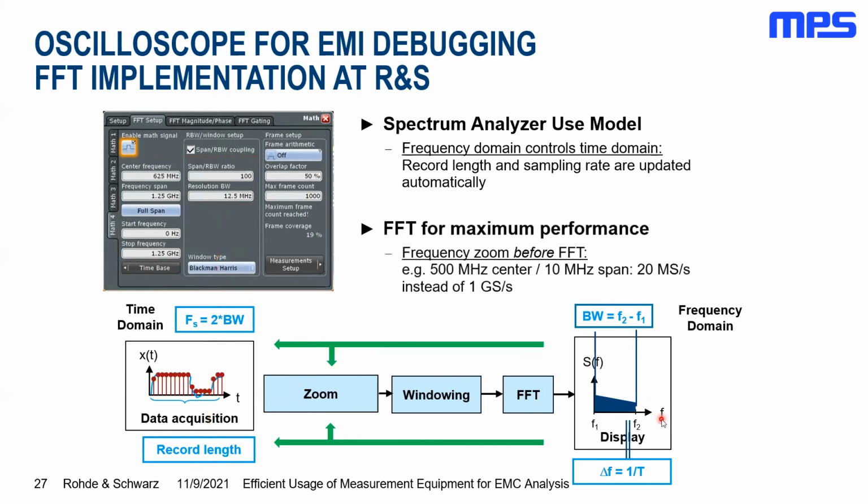These are quite helpful to keep in mind. So please don't be afraid if you're using an R&S oscilloscope that the frequency domain is adjusting the time domain. You still have the chance to use a zoom function to still get everything you'd like to see on screen.